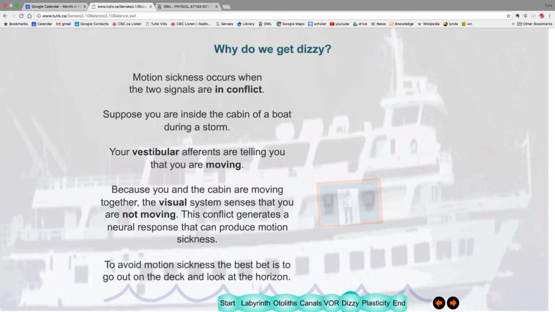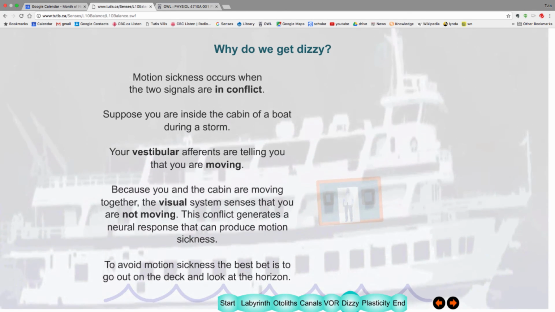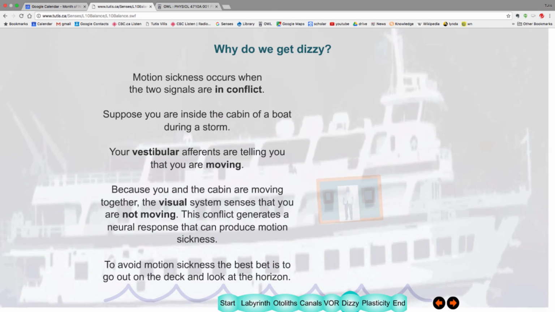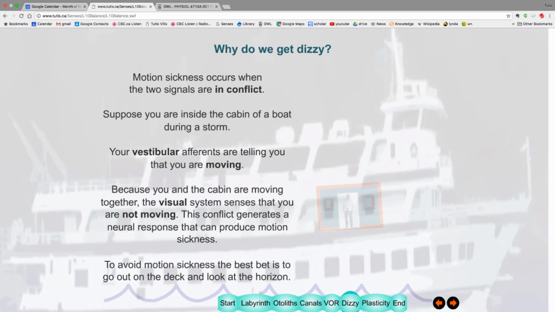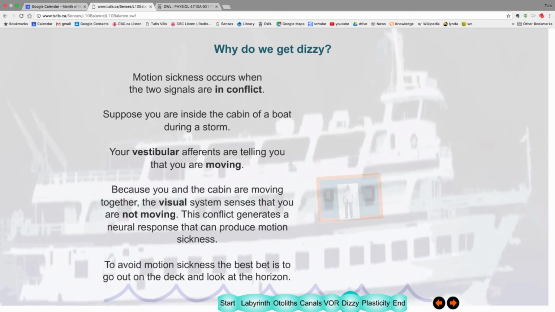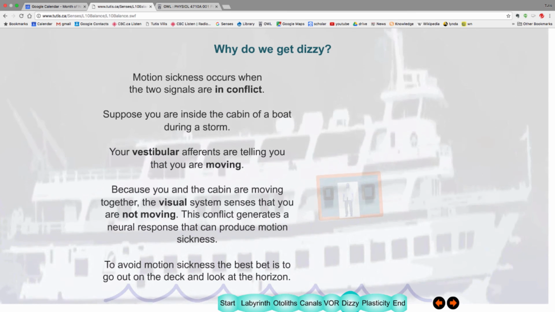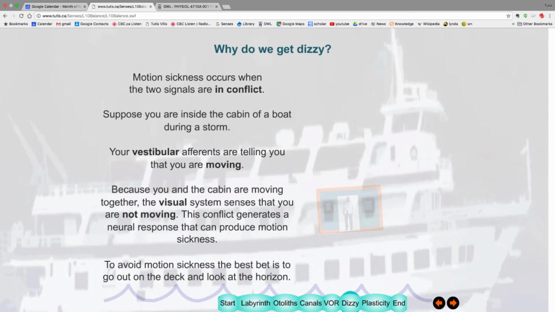And it's your otoliths that are telling you that. Okay, but your visual system tells you that you're stationary. There's no retinal slip caused by you moving up and down because you're staring at the wall that's moving with you.